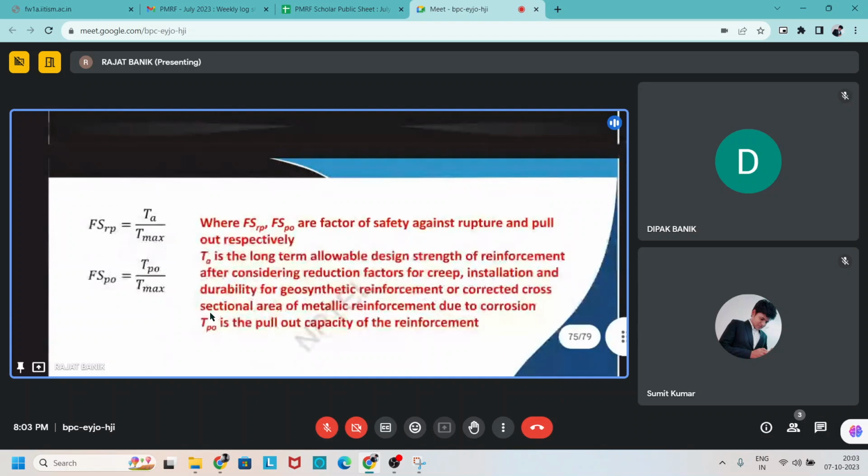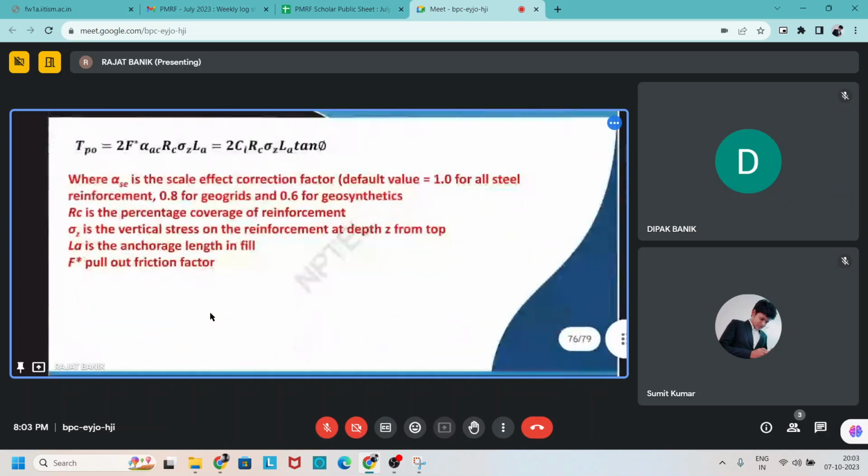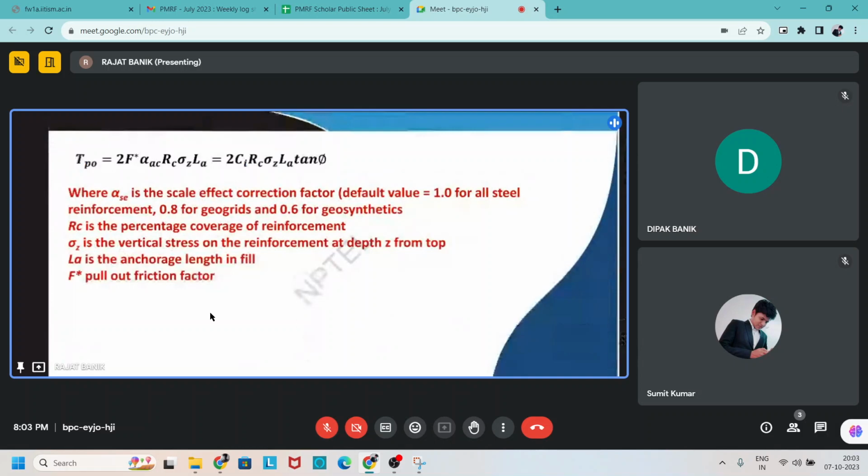Again, two formulas are given to find the factor of safety: one for pullout, another for tensile force. To find the pullout, one formula is given: 2 F* alpha sigma_v' L_e C, or also 2 C_i R_c sigma_z L_a tan phi.